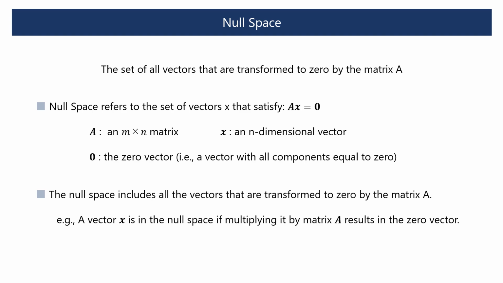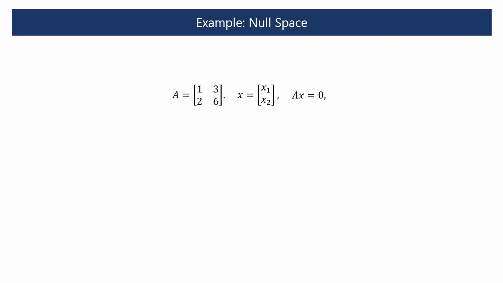The null space includes all the vectors that are transformed to 0 by the matrix A. For example, a vector x is in the null space if multiplying it by matrix A results in the zero vector. Consider the case of this matrix A and a vector x.